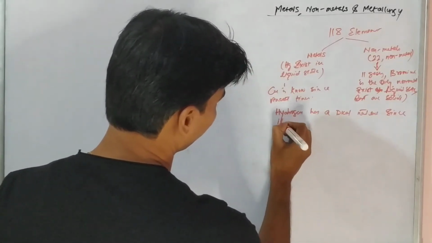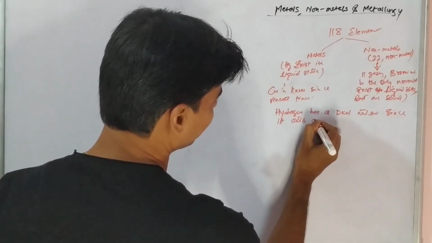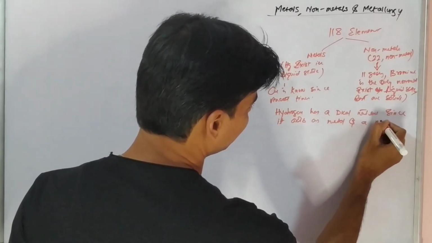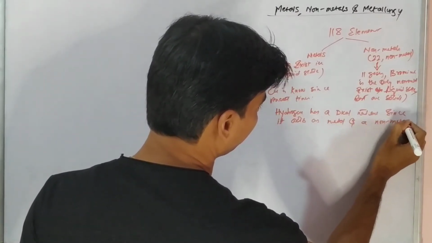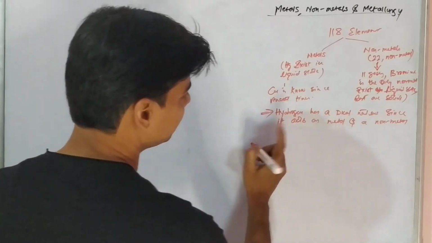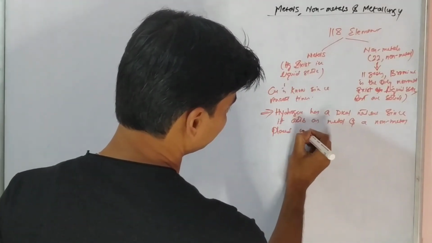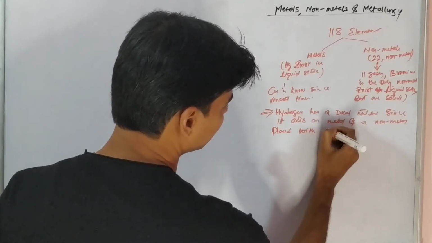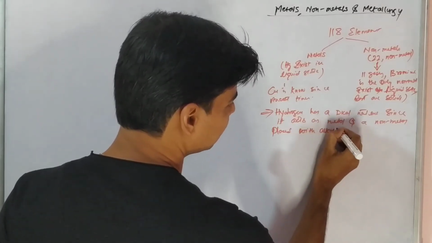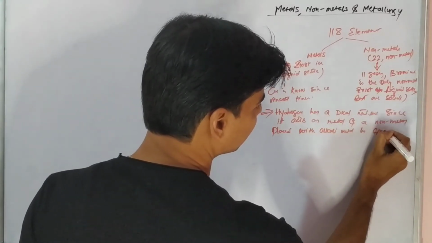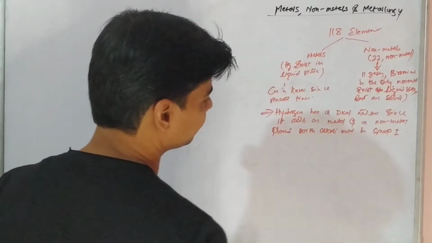Since it acts as a metal and a non-metal, right? It is placed with alkali metals in group 1 of the periodic table, right?